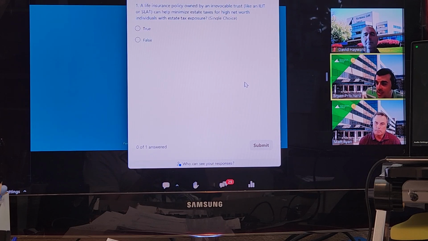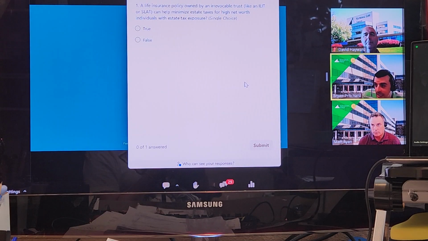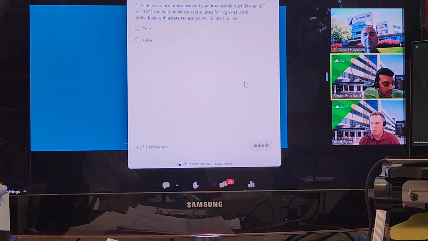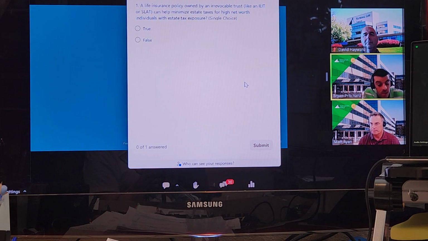The question is, a life insurance policy owned by an irrevocable trust, an ILIT or a SLAT, for example, can help to minimize estate taxes for high net worth individuals who have estate tax exposure, right? So again, kind of going back to our example and trying to find ways to help our friend John from an estate planning perspective. We're going to leave this open for another 10 seconds to make sure all CPAs on the line, in order to get your 1 hour of CPE credit, answer this poll question.